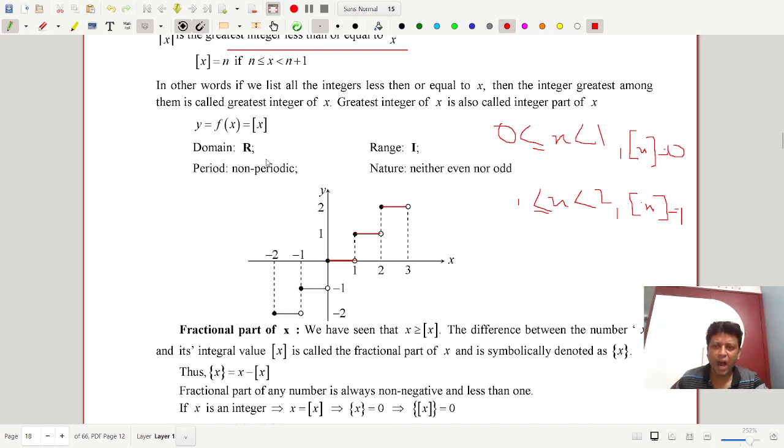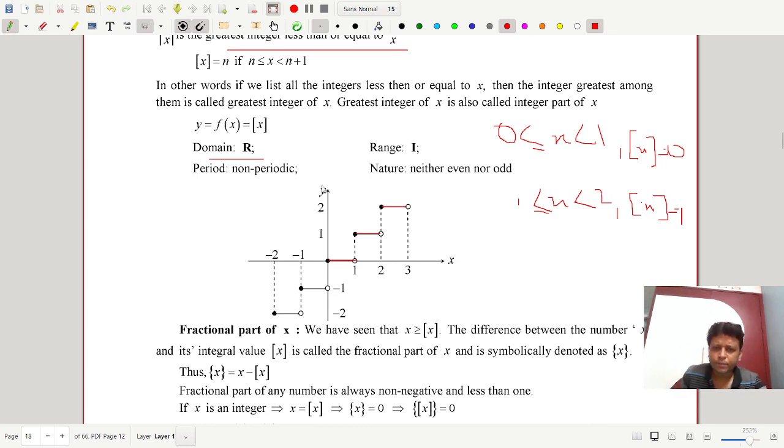So domain is R, any real values it can take. But range is only integers. Only integral values. The output is always an integer, whatever value you take. That is why the range is integers.